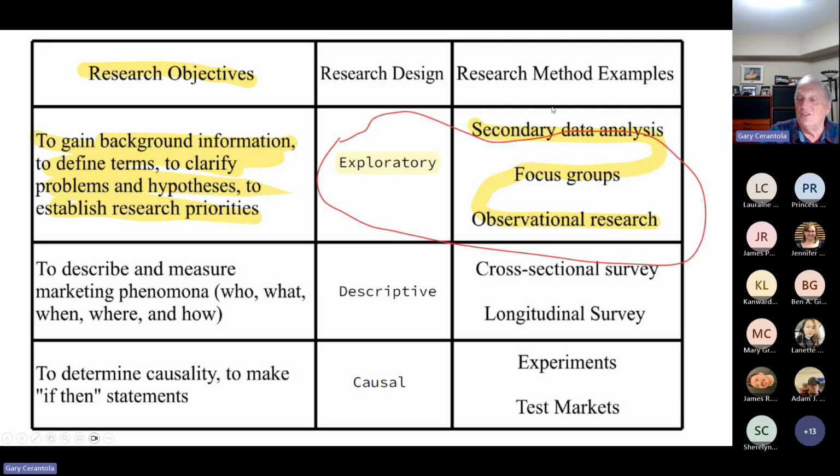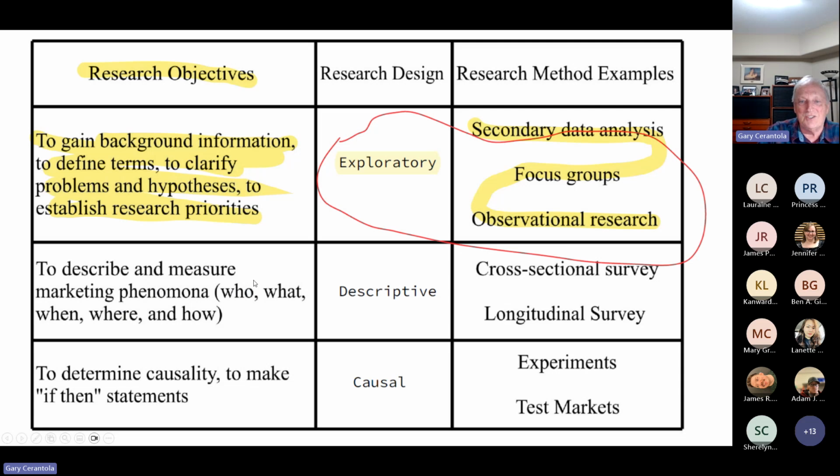And what you've done is you've found out a lot from the secondary data analysis to be able to look at the information that's not there, the holes in the information, through a focus group, and then from the focus group, you can do observational research and then validate also your findings in survey research, right? So this is one of the key ones to know.